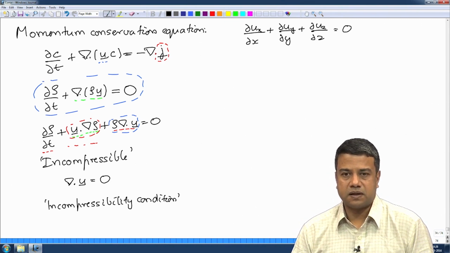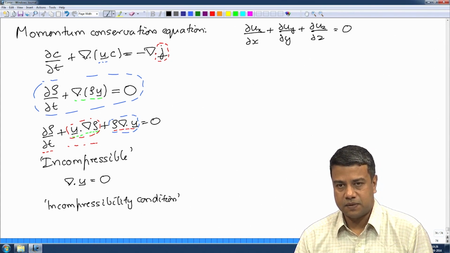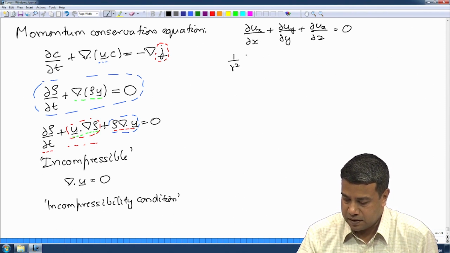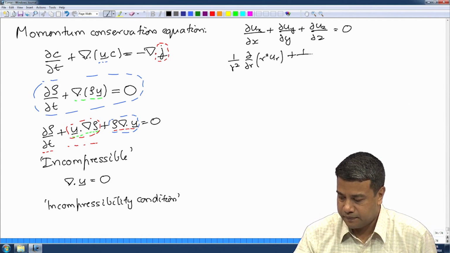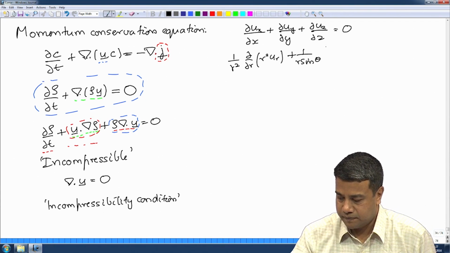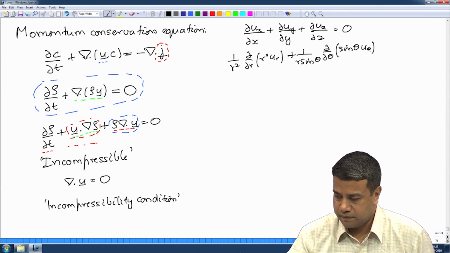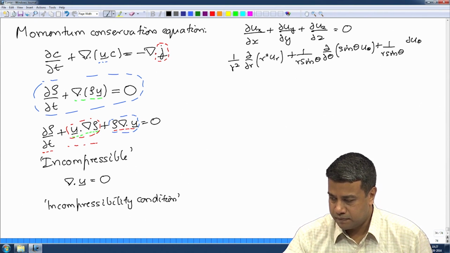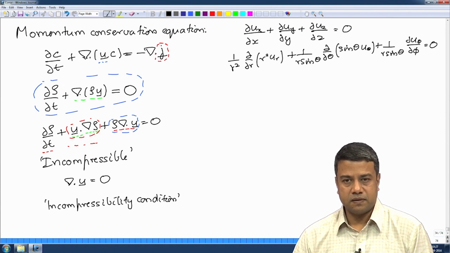In a spherical coordinate system, this is slightly more complicated, as we had seen in the previous lecture when we derived a conservation equation in a spherical coordinate system. It becomes of the type 1 by r square d by dr of r square ur, and so on.